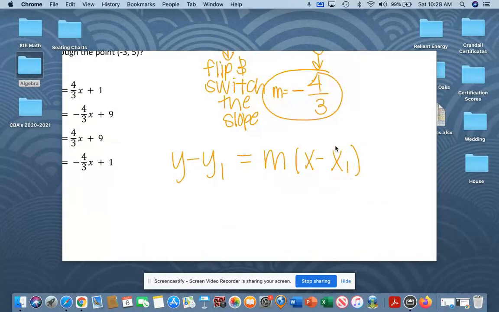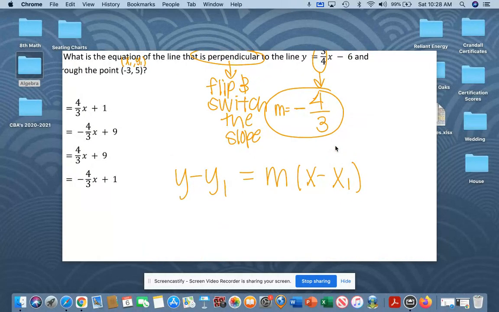Okay. So I'm going to plug in what I do know. y1 is up here. So when I rewrite this, I've got y minus 5 equals my m, which is right there.